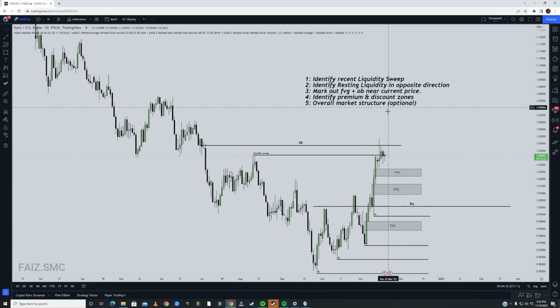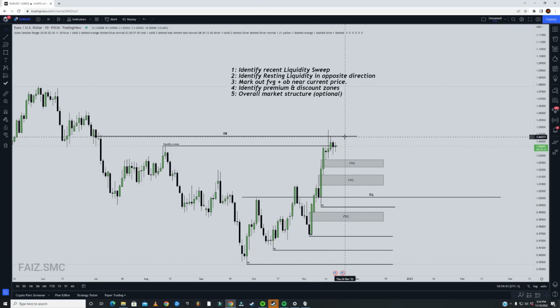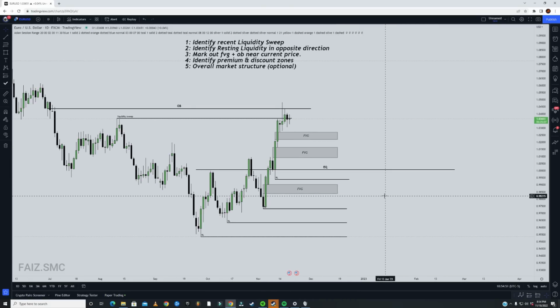So the overall market structure, we know we have broken some structure here, so we are bearish or bullish at the moment on a daily time frame. But on a shorter time frame, you can see that we have swept liquidity, right? And there's a fair value gap here, there's a fair value gap here, and then there's a fair value gap here. So I'm going to ask you a question: which fair value gap has more significance out of all of these three?